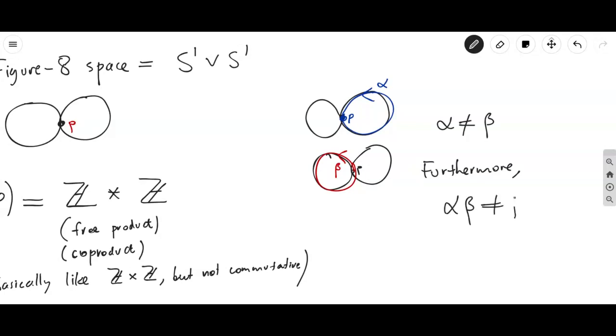But unlike the torus, alpha beta is not equal to beta alpha, because alpha beta is supposed to represent going around alpha and then going around beta. And if you do this first and then that second, you cannot do this one first followed by that one second.